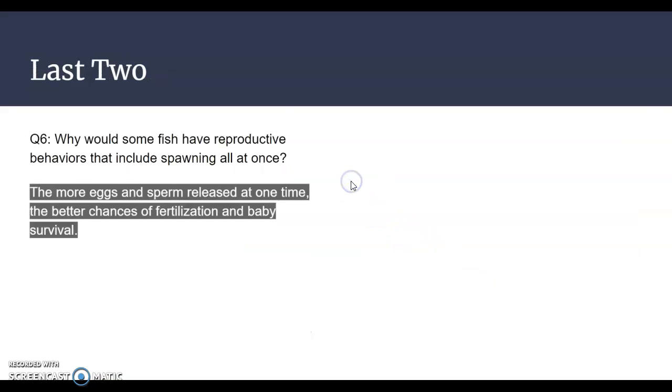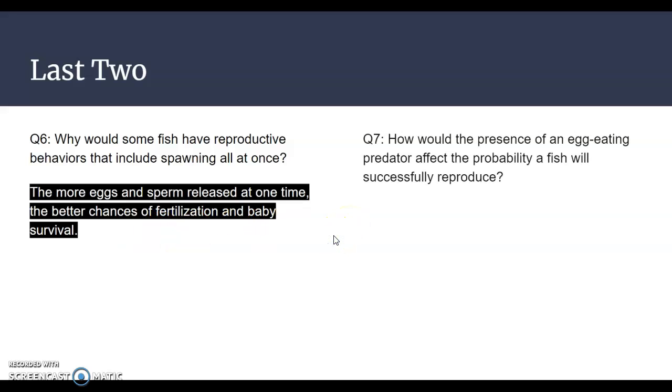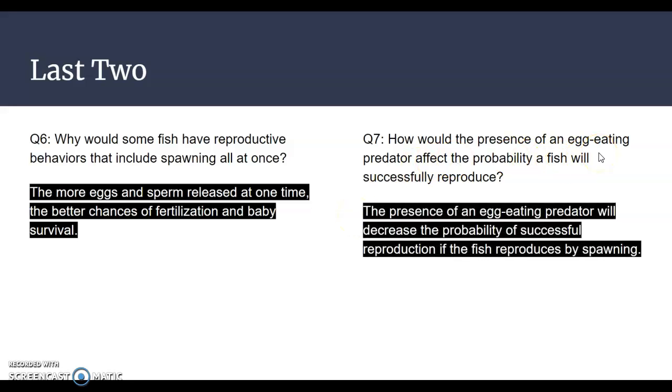All right, so the last two questions. With the single event spawning, this is what I've already been addressing. With the greater chance of fertilization and baby survival for some fish, it is more successful depending again on location and predators, where they have a greater likelihood of offspring survival. And if you have egg-eating predators, well, you're looking at a decrease in probability of success in reproduction with spawning.